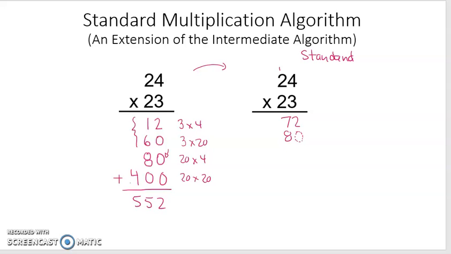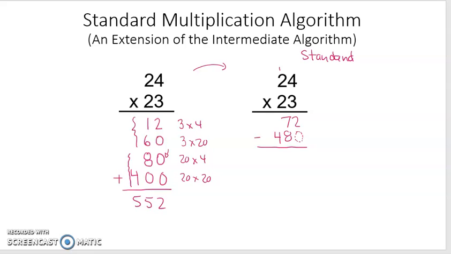There's nothing to carry. 2 times 2 is 4. Now remember, that's 20 times 20, which is 400. Okay, so 20 times 20, so you would say that is 4 in the hundreds column. So that's how that second line of the standard algorithm collapses these two lines of the intermediate algorithm.